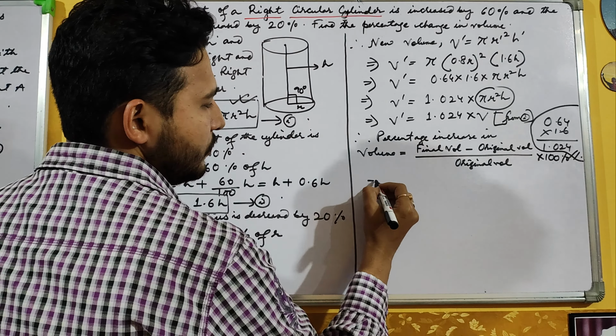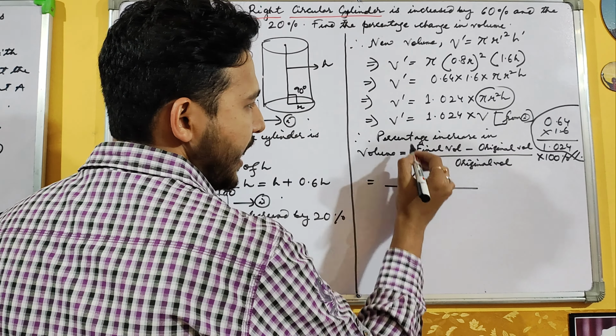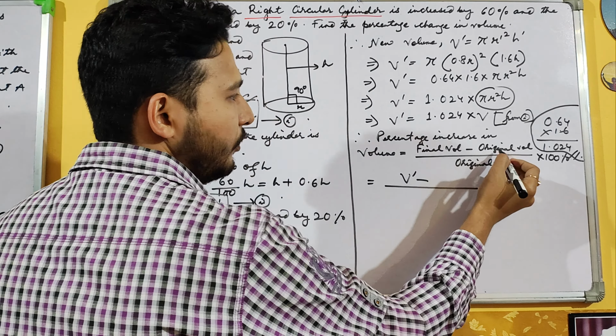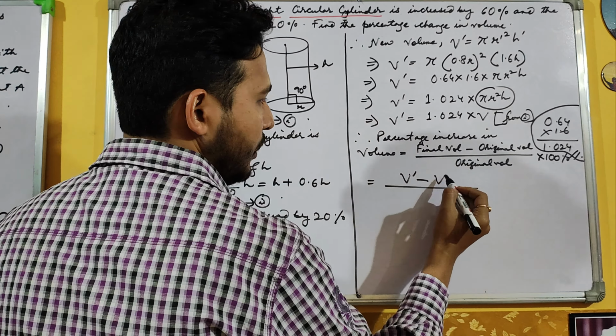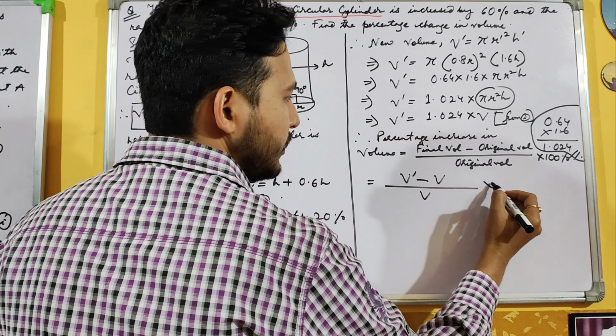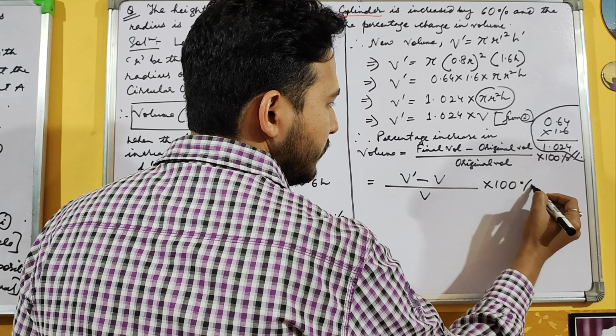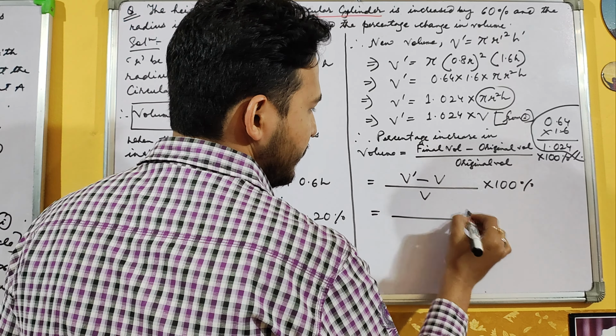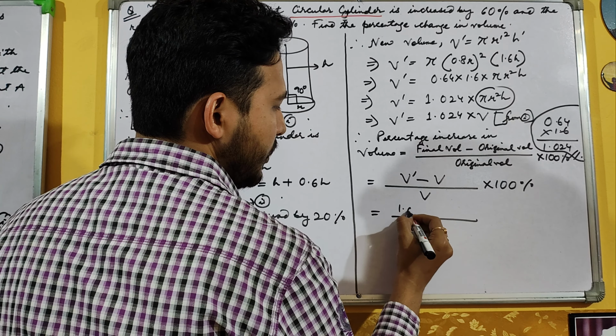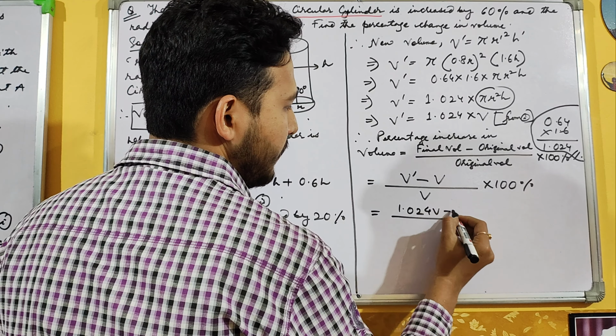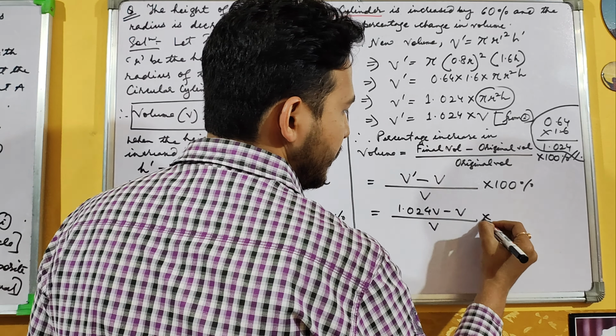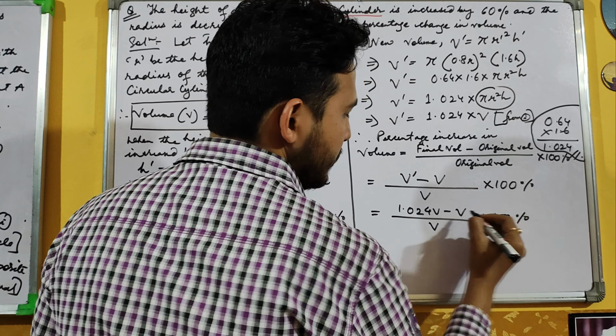Okay. So what's the final volume? It's V dash. हम लोग का V dash है. ओरिजिनल क्या है? V है. So what's the value of V dash? It's 1.024 V minus V by V into 100%.